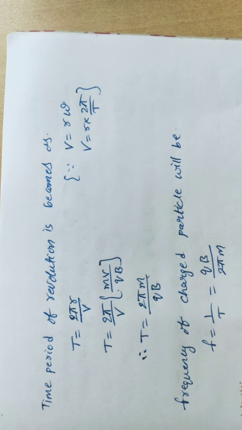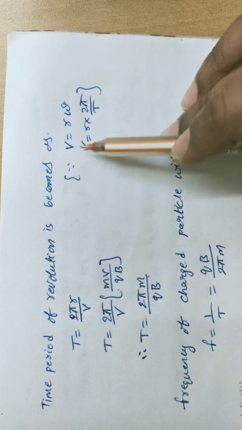After getting the radius, next we are ready to discuss the time period and frequency. We know very well, students, there is a relation between the linear velocity and angular velocity. What is the general relation? V is equal to r omega.